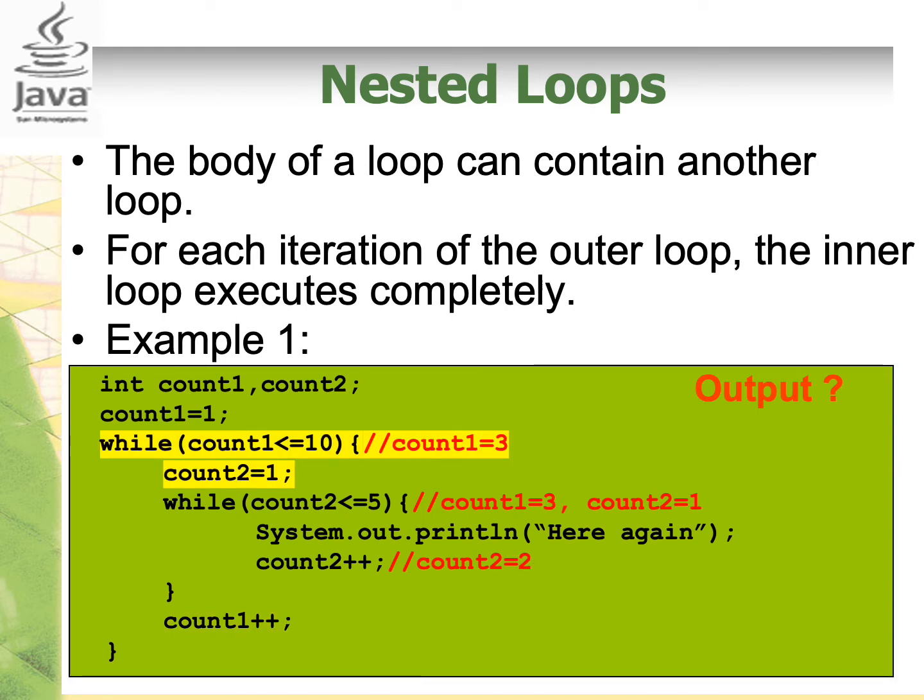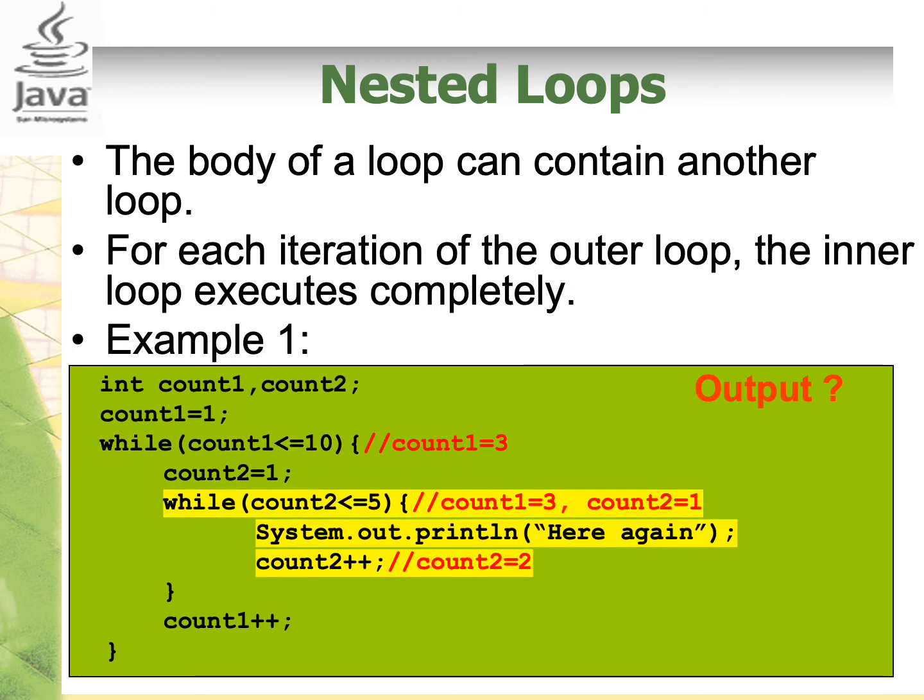It checks again the outer while loop condition. 3 is less than or equal to 10. So it reassigns the value of 1 to the variable count2 again. It repeats the inner while loop until count2 becomes 6 and exits the inner while loop. The same steps are repeated until the outer while loop becomes false.